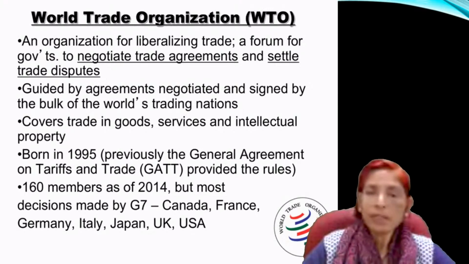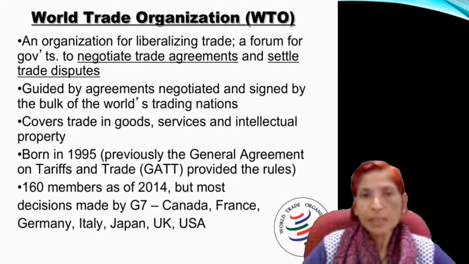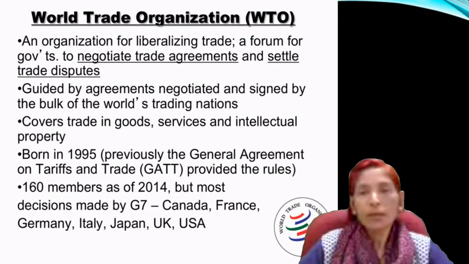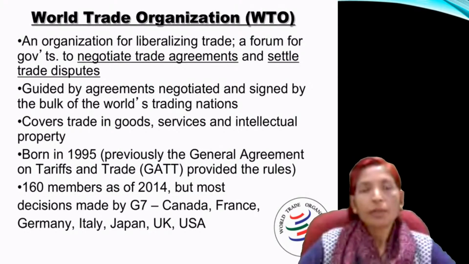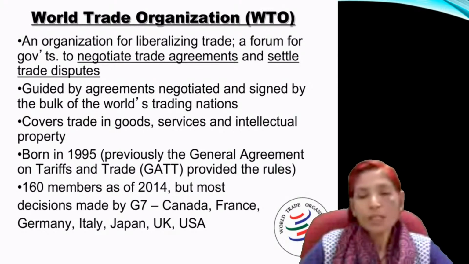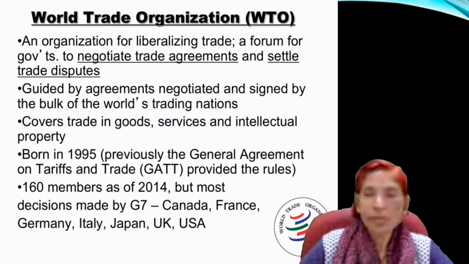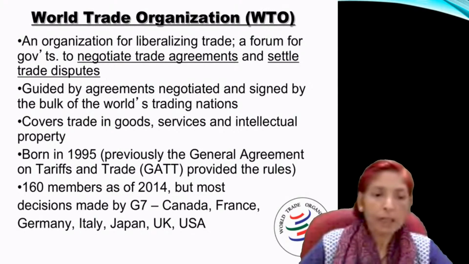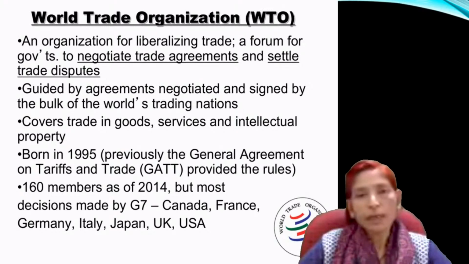It was born in 1995. Previously, it was known as GATT, General Agreement on Tariffs and Trade, which provided the rules and regulations of international trade. 160 members as of 2014, but most decisions are made by the G7, meaning a group of 7 countries: Canada, France, Germany, Italy, Japan, UK, and USA.